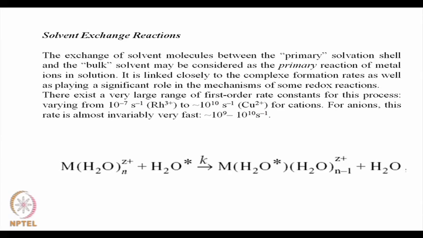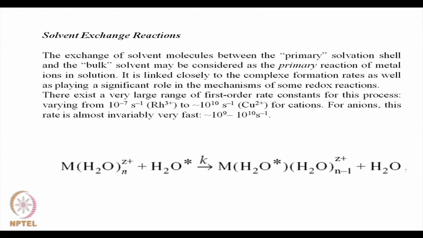Your metal ion has a primary solvation cell very close to it, and maybe the bulk is somewhere here. These solvent molecules are considerably different from the molecules in the bulk, away from your charge. So, the exchange of solvent molecules between the primary solvation cell and the bulk solvent may be considered the primary reaction of metal ions in solution.